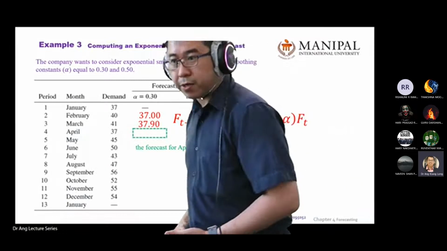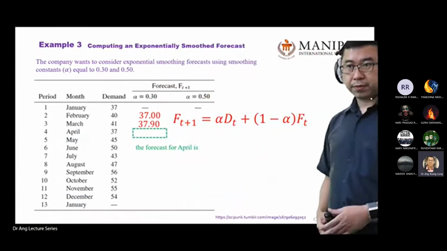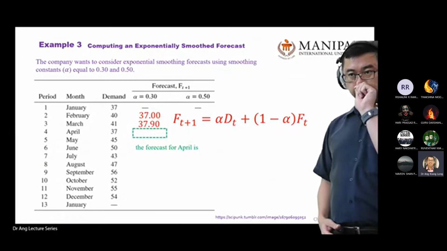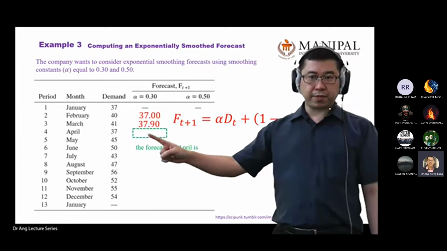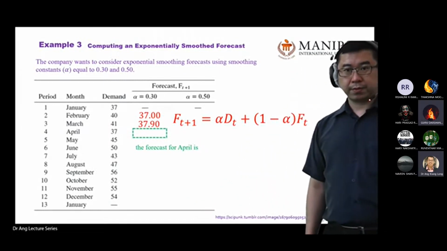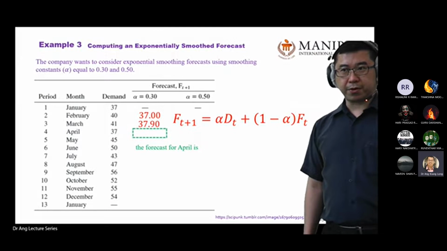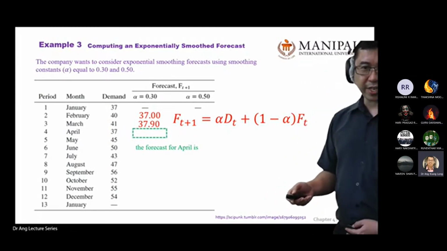Okay, next one, I'm going to ask Guru Darshan, are you there? Yes, sir. Guru Darshan, what is the answer for this bracket here? 38.83. Okay, seems like the correct answer. Let's check.